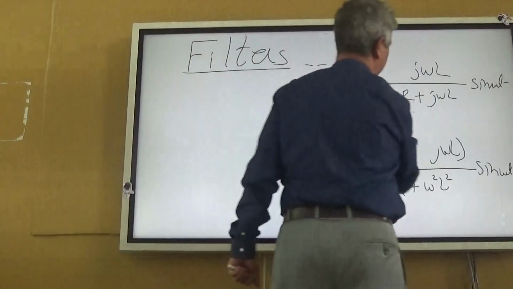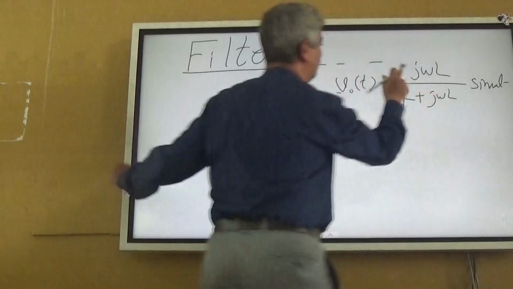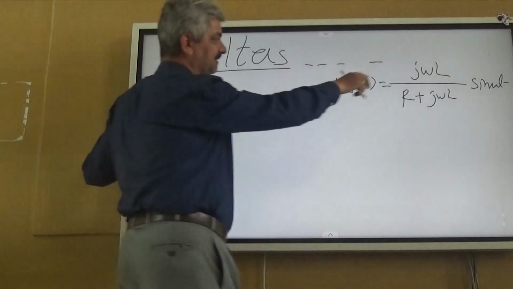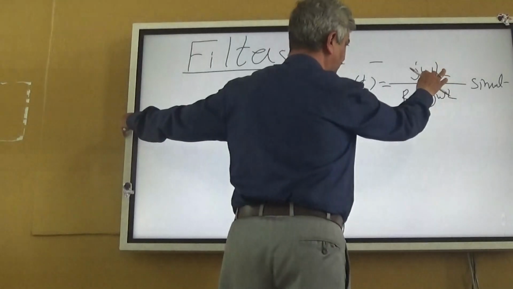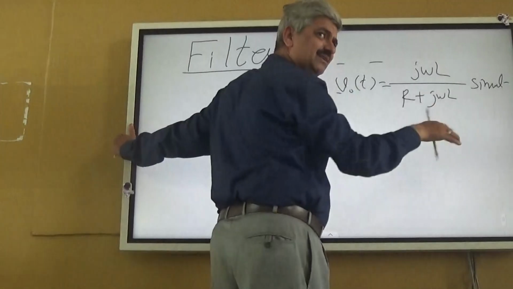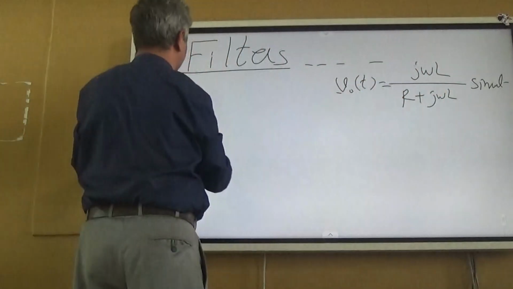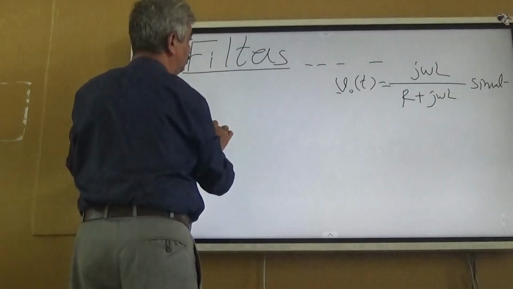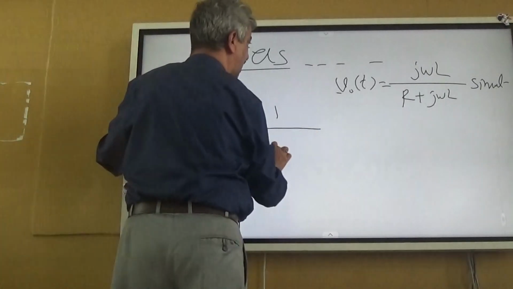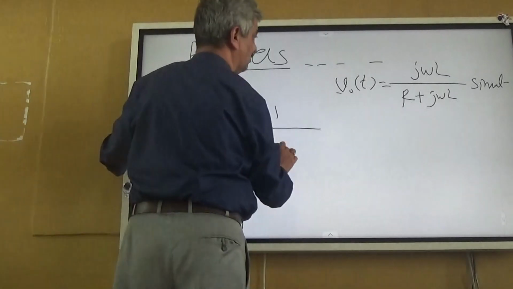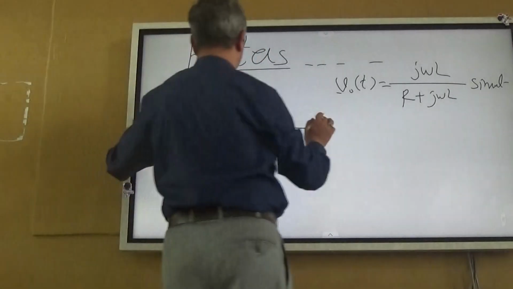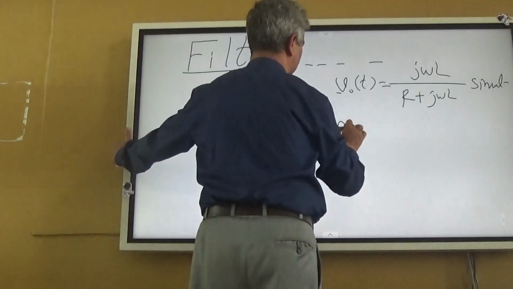Vo(t) is equal to j omega L upon this. We divide by this one, taking j omega L below. So Vo(t) is equal to 1 upon R upon j omega L plus 1, into sin omega t.